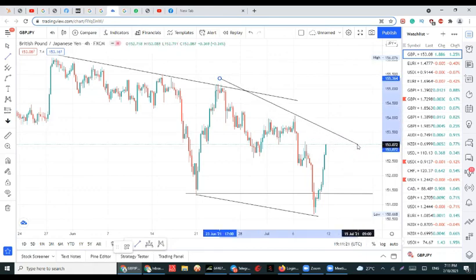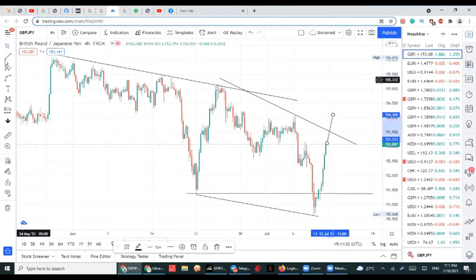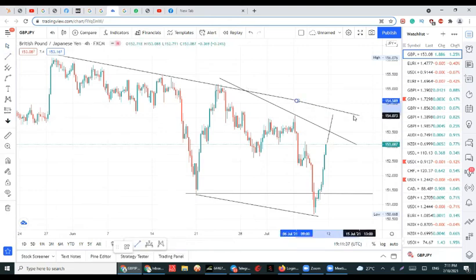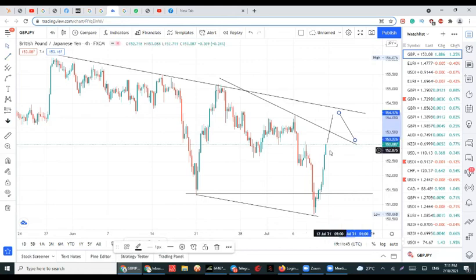If price pushes all the way to the 154 zone, we expect that price will probably test the trend line there and then continue downside. So we will wait and see if price breaks above the 154 zone. That is when we expect that price is absolutely in a bullish condition.